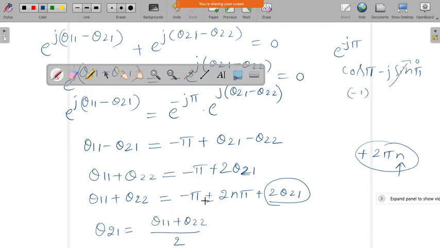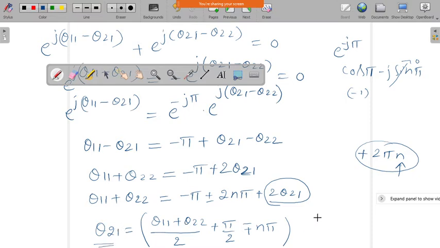If I send this to this side, it will give plus pi by 2 and then minus or plus n pi. So this is what we are going to get for theta 21, the phase for the S21 parameter.